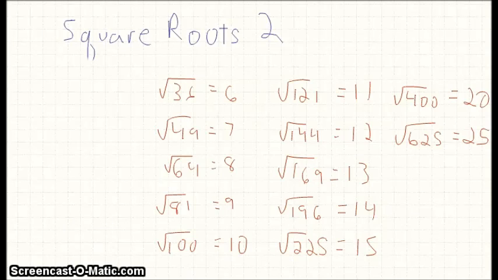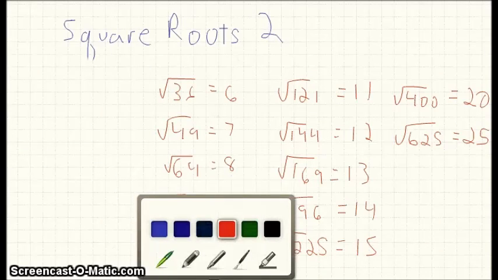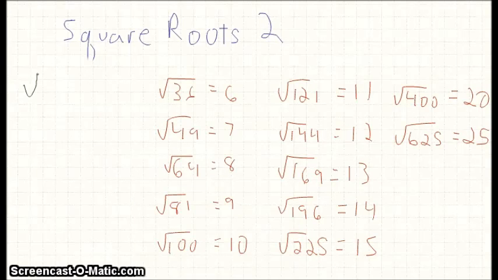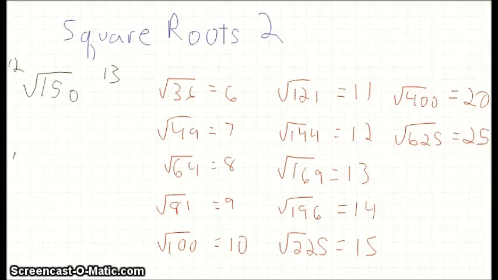So let's try another one. So let's make this one bigger. So we'll do a 6 by 8. Alright, so we have a 6 by 8 triangle there, and it's a right triangle.